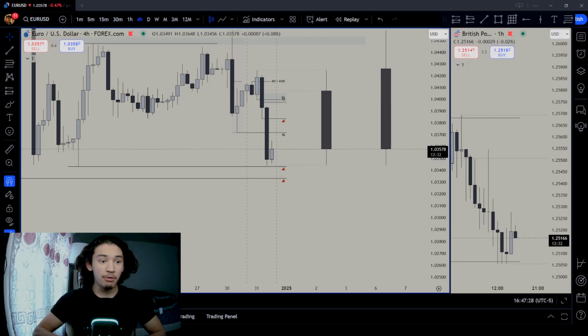And what's the highest probability out of all of them? CISD, because CISD tops the top, bottoms the bottom. CISD confirms the top, confirms the bottom. CISD confirms the open high low close concept. CISD confirms the SMT.